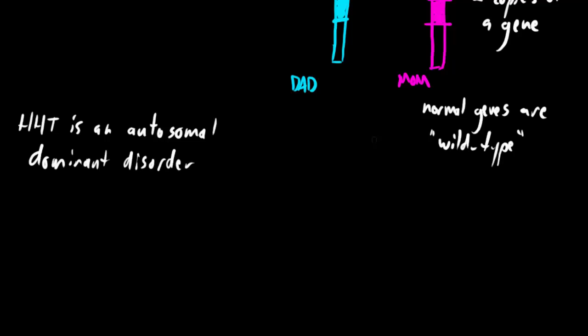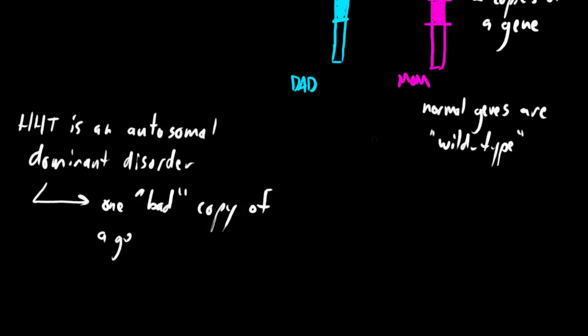This means that for the disorder, you only need one bad, say a mutated copy, one bad mutant copy of a gene to have the disorder.